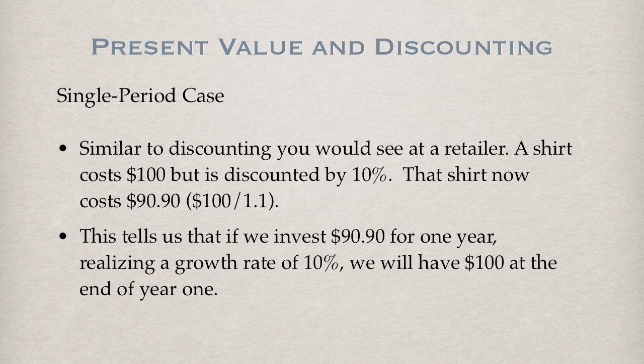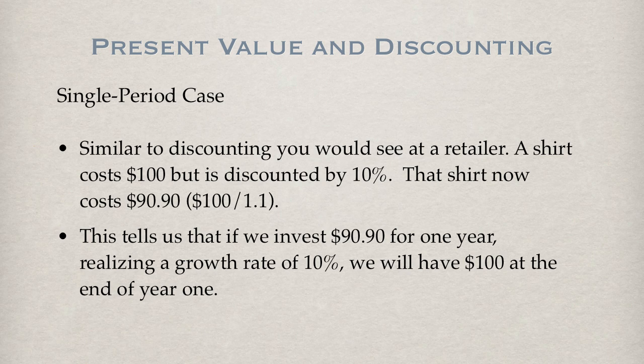Let's first look at a single period case. Similar to what you would see at a retailer, a shirt costs $100, but is discounted by 10%. Typically, you would say the shirt costs $90. But have you ever considered this? What if you were to take that same shirt that now costs $90 and add back 10%?